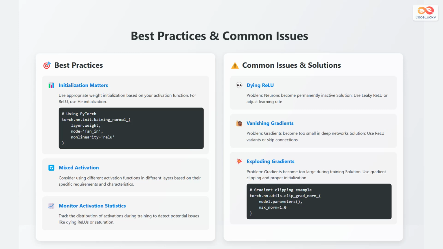A common issue is dying ReLU, where neurons become permanently inactive, which can be solved by using leaky ReLU or adjusting the learning rate. Another problem is vanishing gradients, where gradients become too small in deep networks, for which ReLU variants or skip connections can be used. Lastly, exploding gradients is another problem where gradients become too large during training, which can be solved by using gradient clipping and proper initialization.